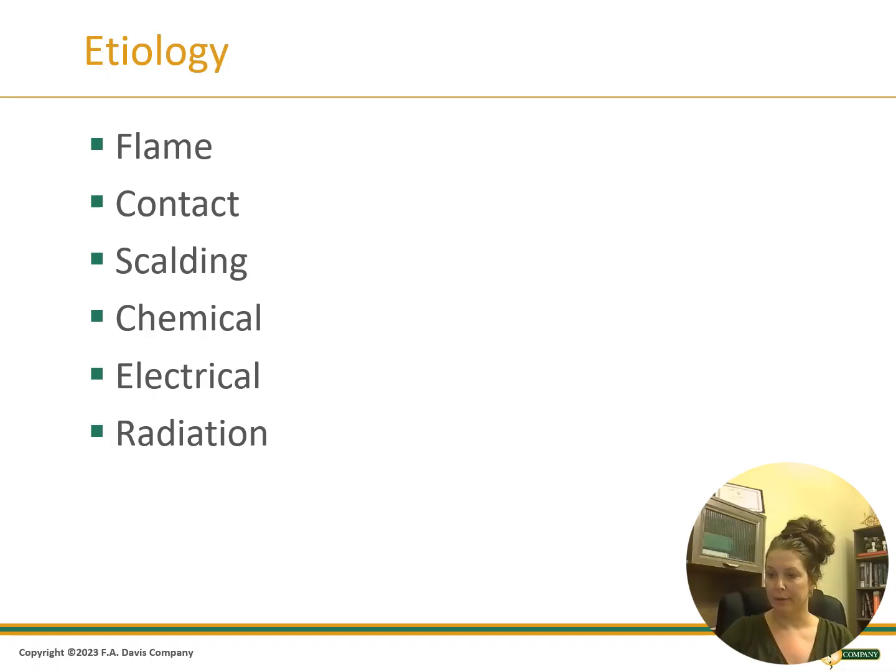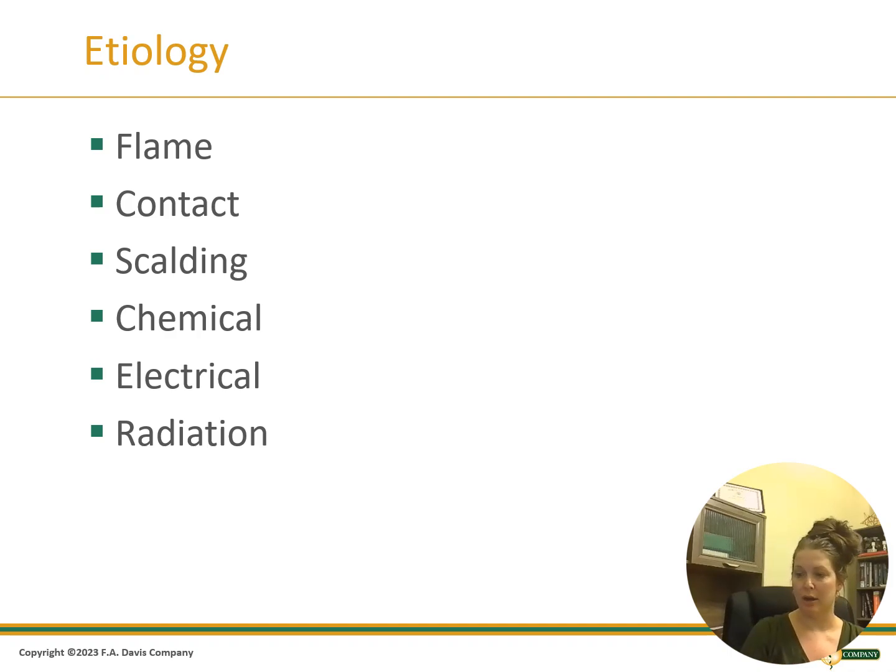Chemical burns, so that could be just from your household cleaners, agriculture chemicals, like fertilizer, pesticides. Electrical burns, so when we have current passing through the body, so this will often be with internal injury. Okay, so this could be contact with our power lines, inserting an object into an electrical outlet, or a lightning strike.